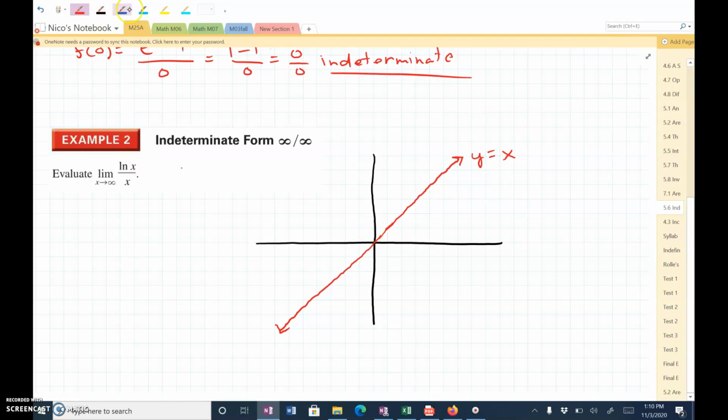The natural log of x would look something like this.